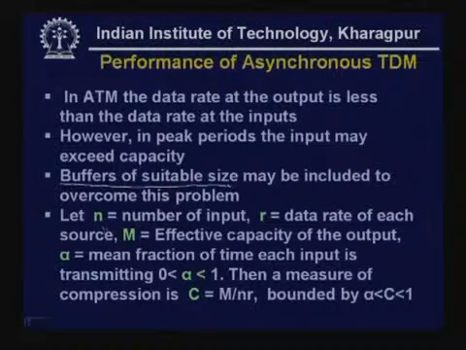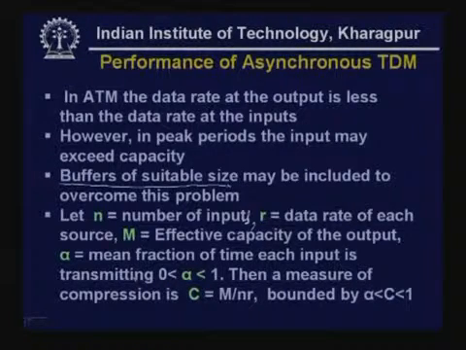For example, let us assume n is the number of inputs, r is the data rate of each source, and m is the effective capacity of the output. Obviously, m will be less than n times r, and alpha is the mean fraction of time each input is transmitting. That means each source is not transmitting all the time.